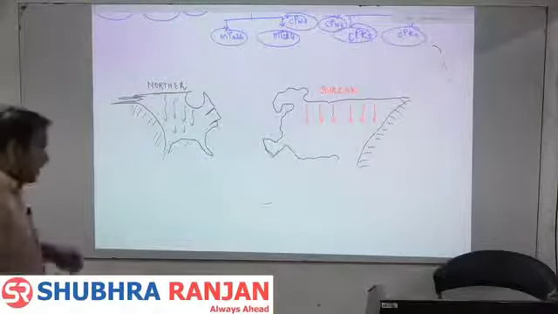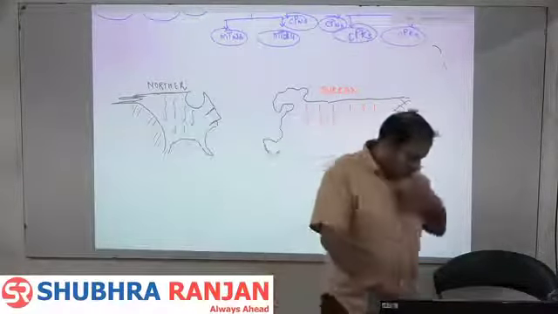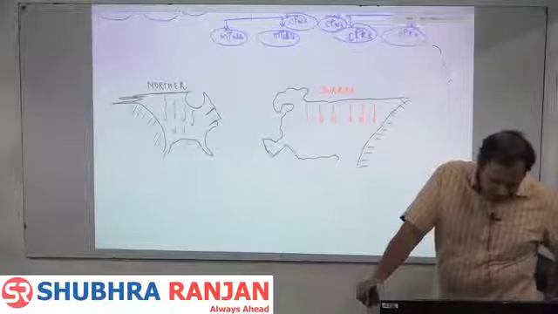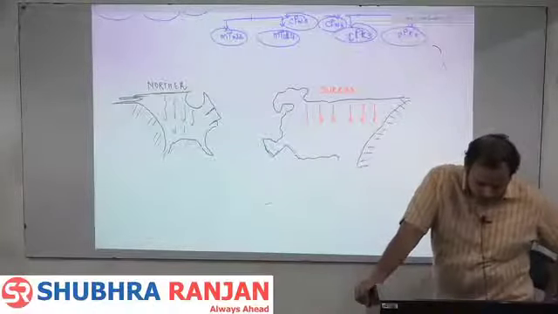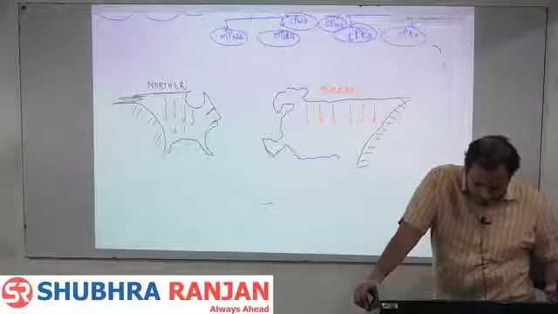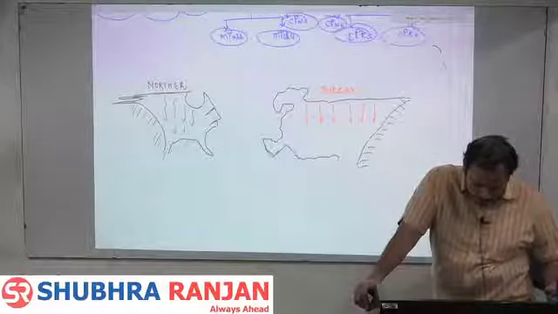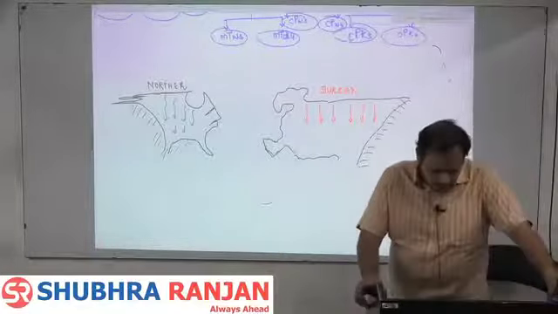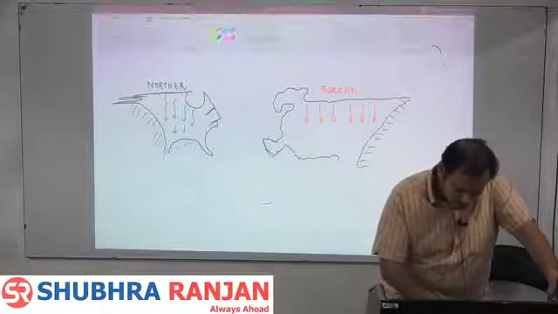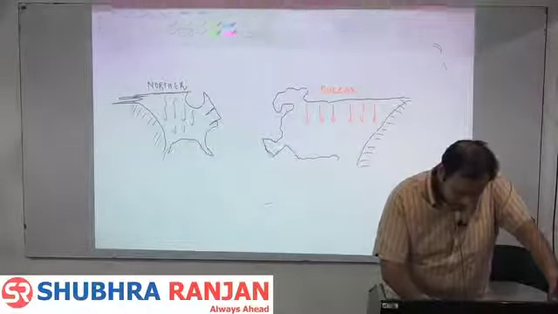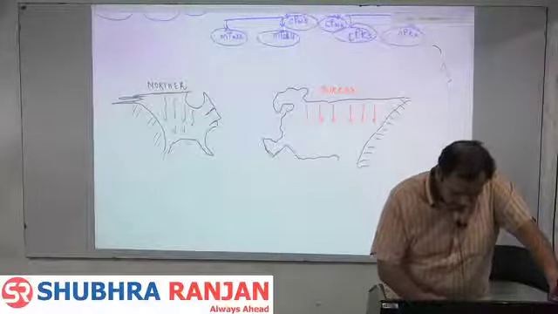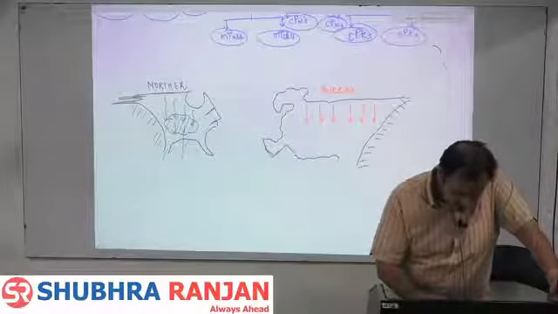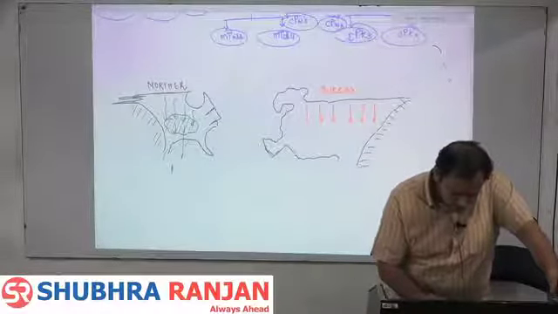And the last point, blizzards sometimes cause the formation of cold fronts and tornadoes in the prairie regions of USA.